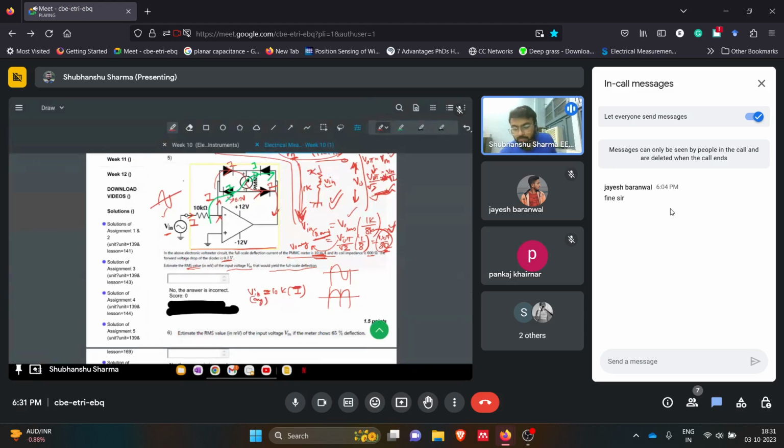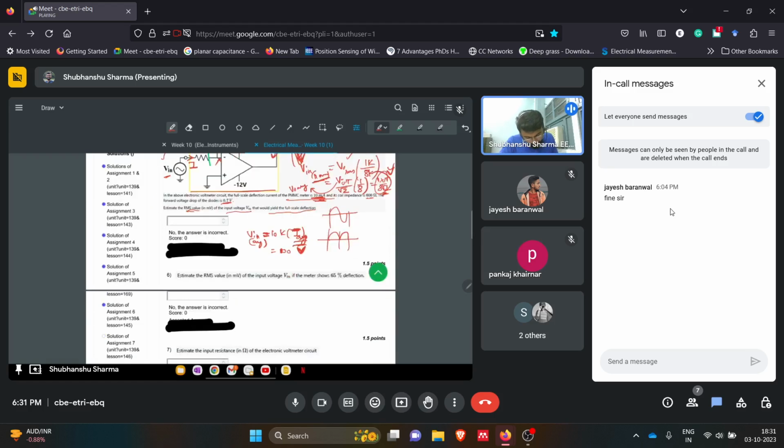Because PMMC meters calculate the average value of whatever is fed to them. So the current at full scale deflection is an average value. So we will get 10 kilo into 1 milli, so it will be 100 volts. But keep in mind that this is V in average, but we need the RMS value.